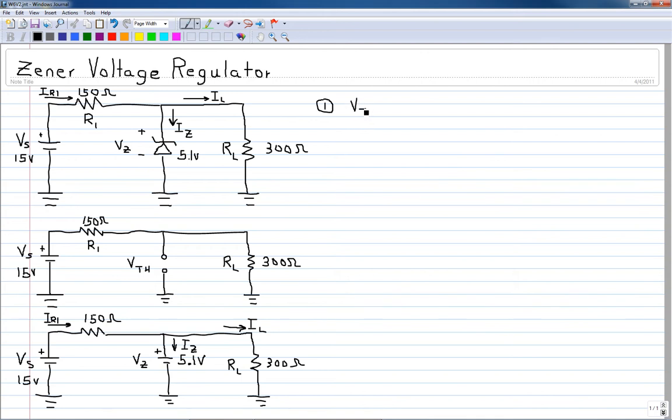So VTH is equal to V source times RL divided by R1 plus RL.